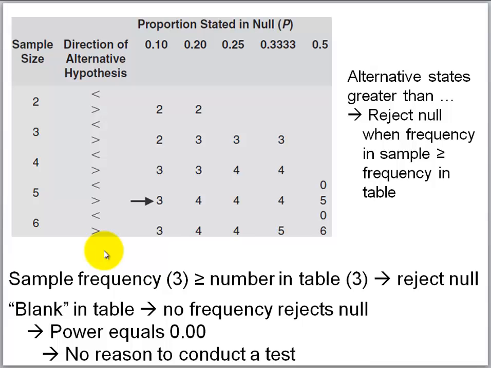We have an n of 6, and suppose that we find 4 kids with behavior problems. We'd come over here and find that the tabled number is 4. We obtained 4, so indeed the frequency that we obtained is greater than or equal to the tabled frequency, and in this situation we would reject the null.